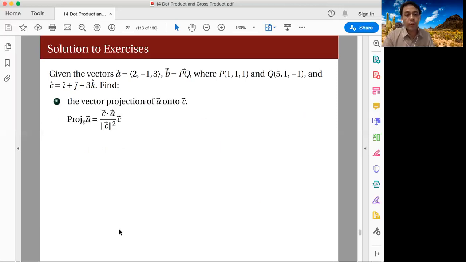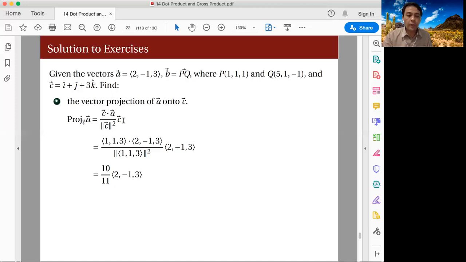This is the third problem. What is the vector projection of the vector A onto the vector C? So it will be parallel to the vector C, so that's why you have a C there. And we just perform the operations indicated. Get the dot product, that will be a 10.